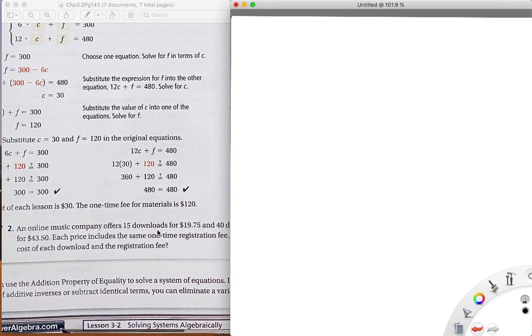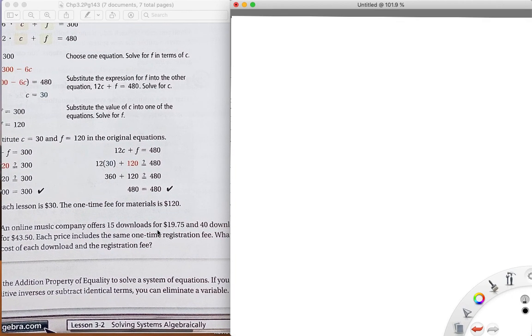Okay, so this one here says an online company offers 15 downloads for $19.75 and 40 downloads for $43.50, and they have a one-time registration fee. So here's our equation. 15 downloads plus a registration fee for $19.75.